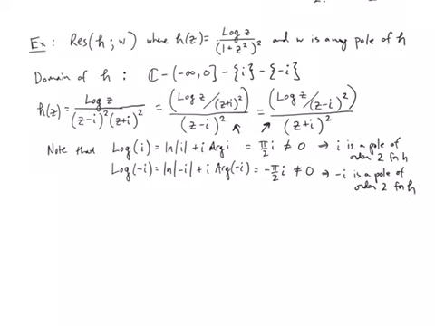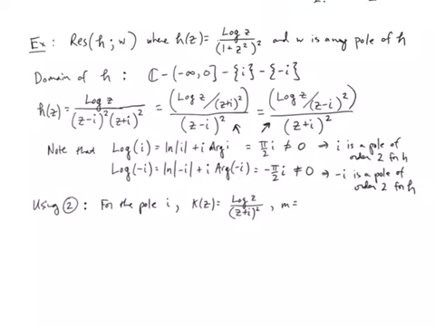So using method 2, for the pole I, our k of z is log of z over z plus I squared, and our m is equal to 1. Excuse me, I mean 2.